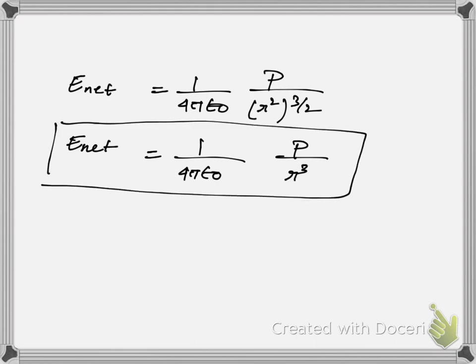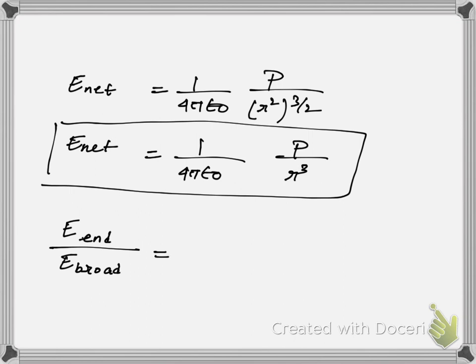Now, a very important question that comes in the board examinations is, for a short dipole, what is the ratio of intensity of electric field at end on to that at the broadside? So E end on by E broadside.